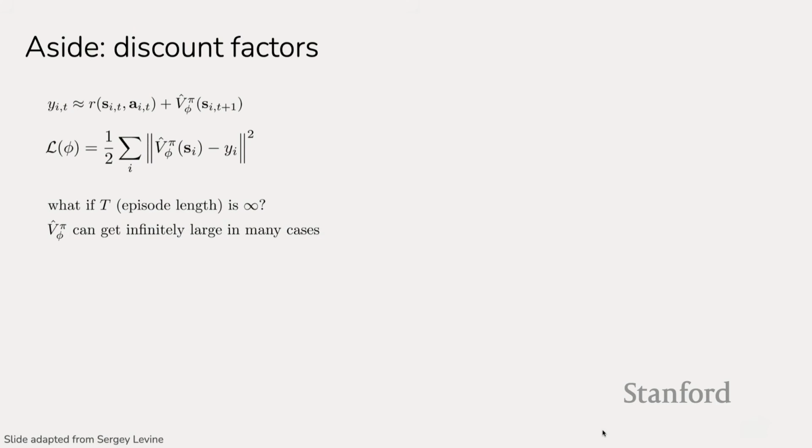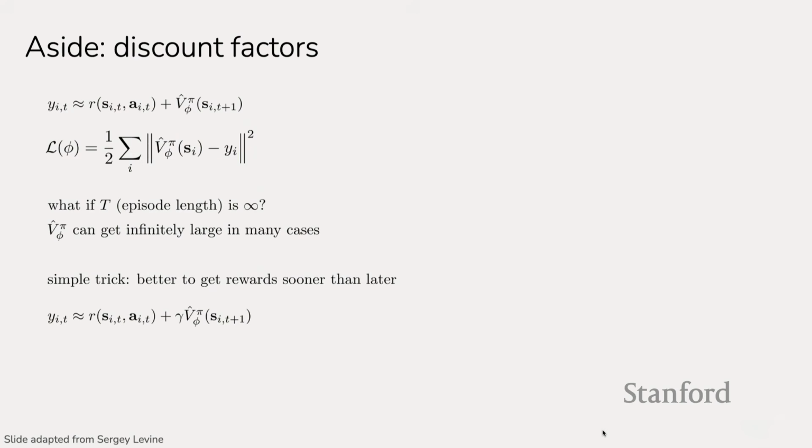And so you might not want to just be summing over all of the rewards in the future. A simple trick to handle the fact that your estimates of the value can get very big is to weight your objective, weight the sum of rewards to be biased towards the earlier rewards.